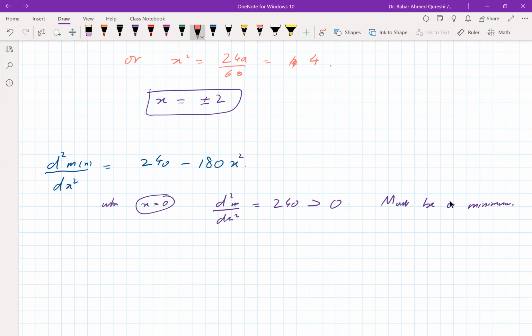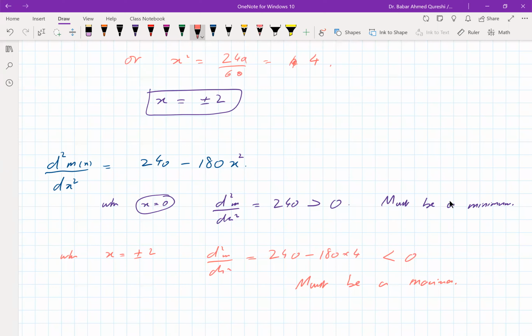So let's check what happens at other points. When x is plus or minus 2, it is 240 minus 180 times 4, which is less than 0. So it must be a maxima.